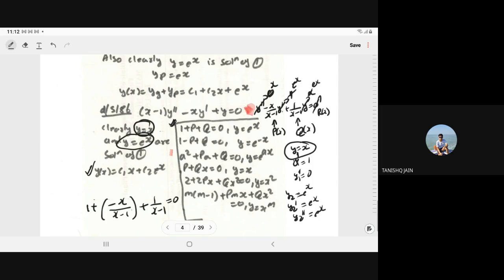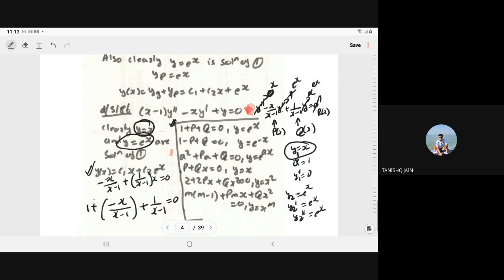If you generalize this, a square plus p into a plus q is equal to 0, then y is equal to e to power ax will be the solution. Similarly, p plus qx, where p is minus x upon x minus 1 and q is 1 upon x minus 1, if p plus qx is equal to 0, then y is equal to x will be the solution.